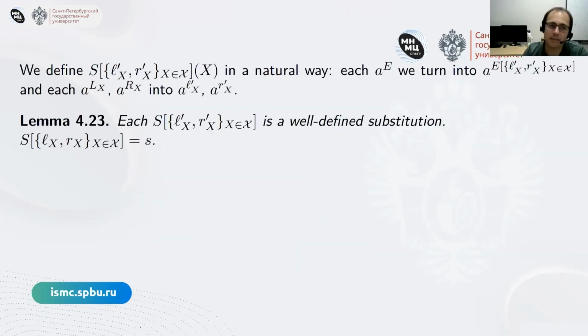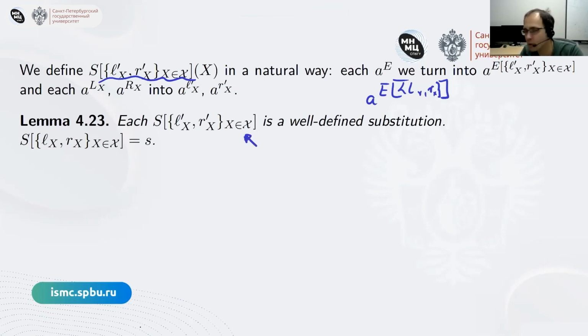Okay, and then we can define instances of those parameterized solutions again in the natural way. If we have somewhere a to some parametric power, and we substitute the variables by some concrete numbers, then we substitute this parametric power by the appropriate numbers. And then this is indeed a solution.